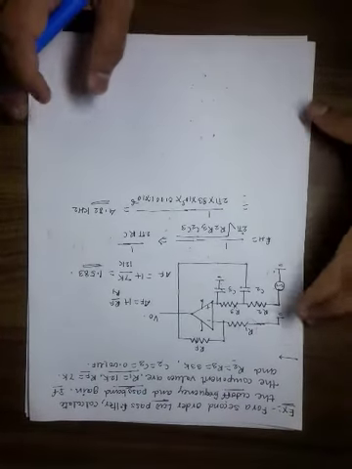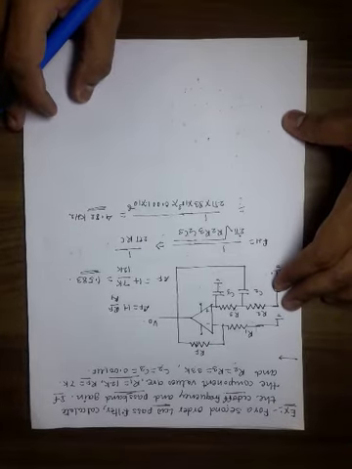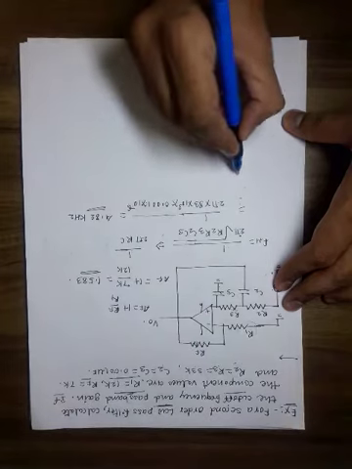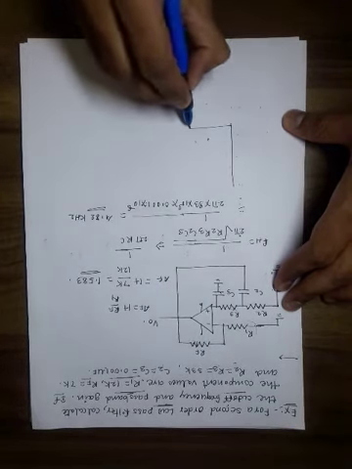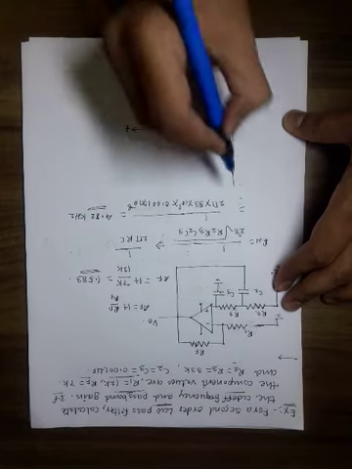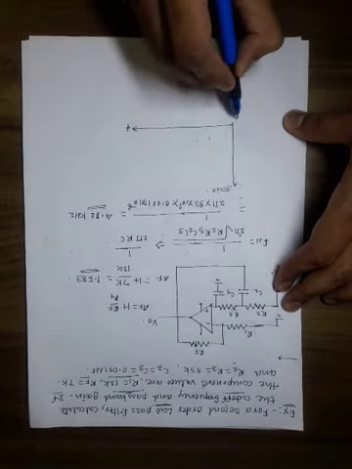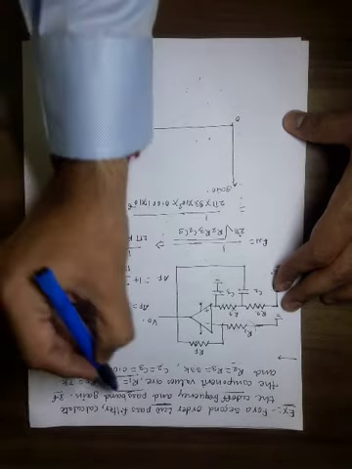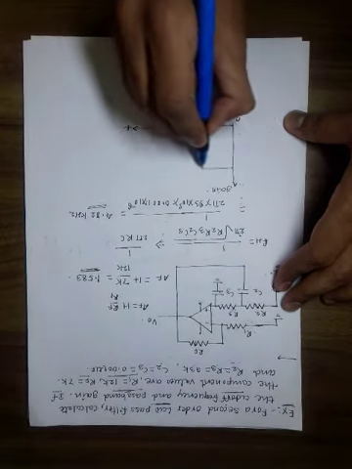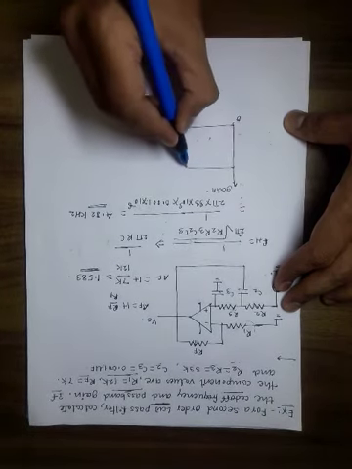Again, sometimes they may ask you to plot the frequency response. This is a low pass filter, so for the frequency response I select frequency on the horizontal axis and gain on the vertical axis. At low frequency, this is the passband gain, 1.58. So this is the passband, over which the gain is 1.58.